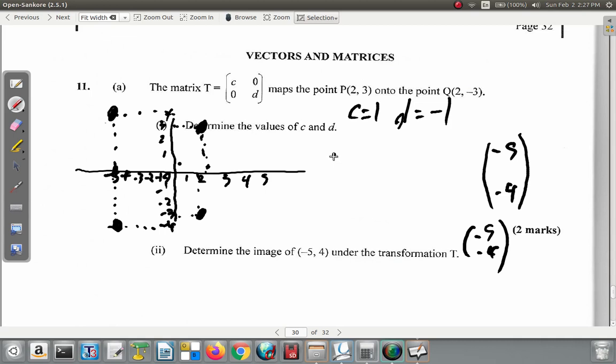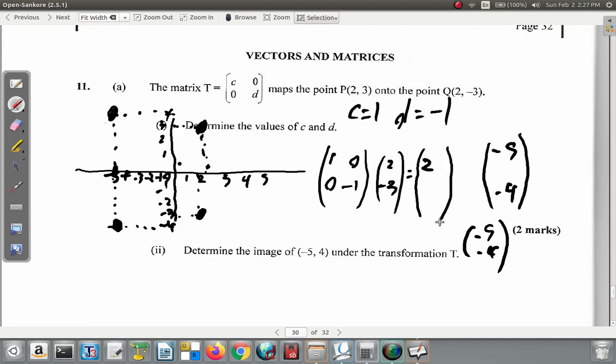So the matrix was 1, 0, 0, negative 1. If we multiply that by Q, (2, -3), what you get is 1 by 2, 2, plus 0 by 3, which is 0. 2 plus 0 is 2, so leave it alone here.